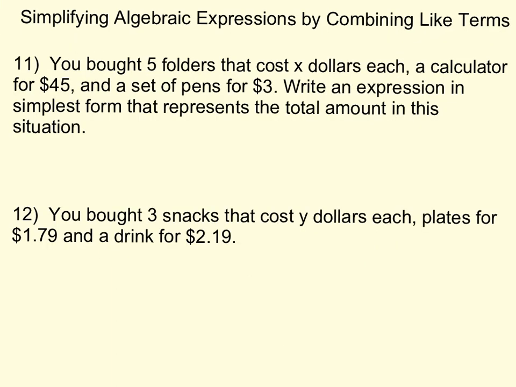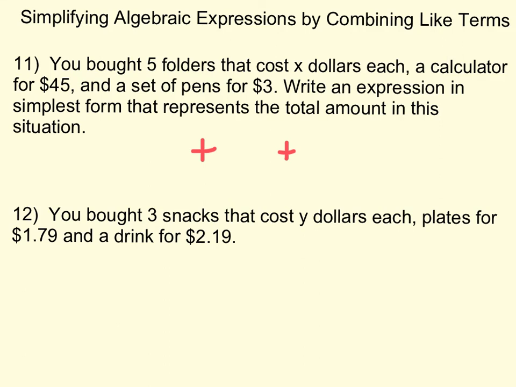See if you can write an expression for this next problem. You bought 5 folders that cost x dollars each, a calculator for $45, and a set of pens for $3. Write an expression in simplest form that represents the total amount in this situation. Now, if you're not sure where to start, if you think about it, we are buying 3 different items. So we know that we're going to have to add our 3 items together.